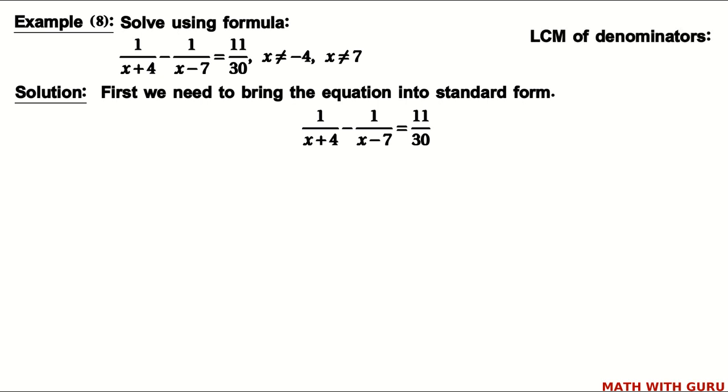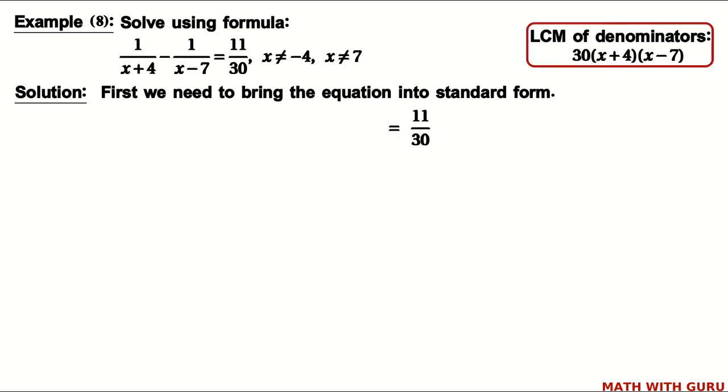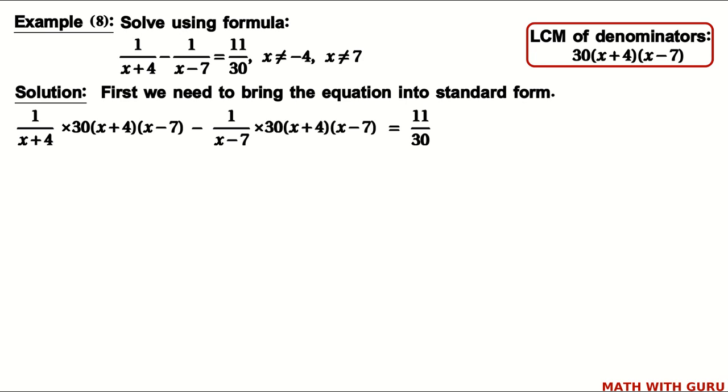LCM of the denominators is given by 30 into x plus 4 into x minus 7. Multiply the whole equation by 30 into x plus 4 into x minus 7, like this. First term multiplied by the LCM, second term multiplied by the LCM, and on the right hand side 11 by 30 times the LCM.